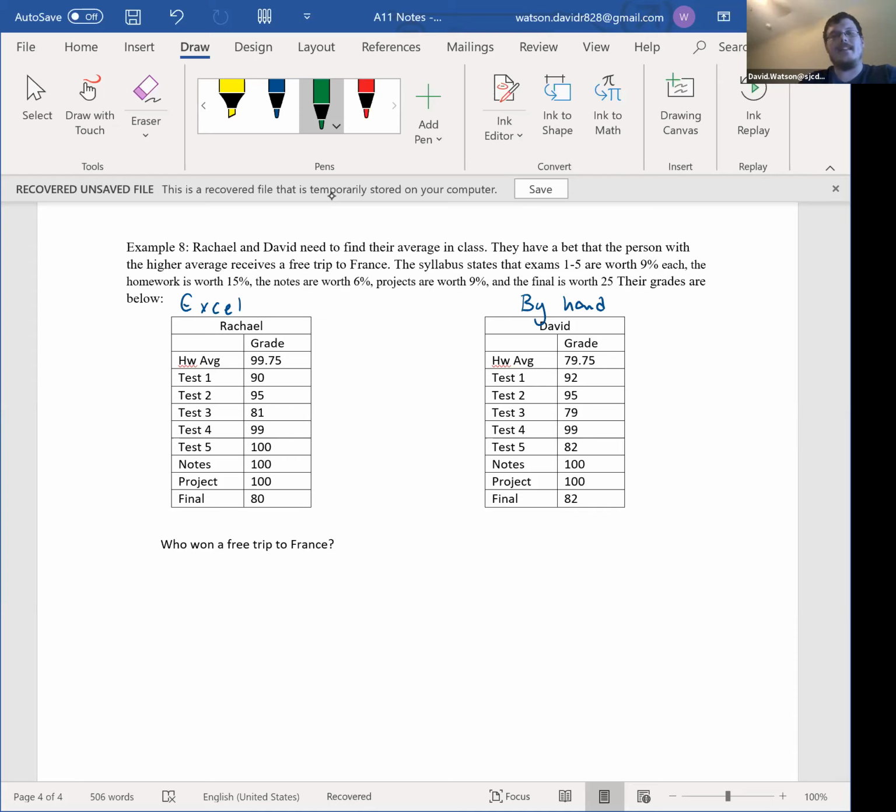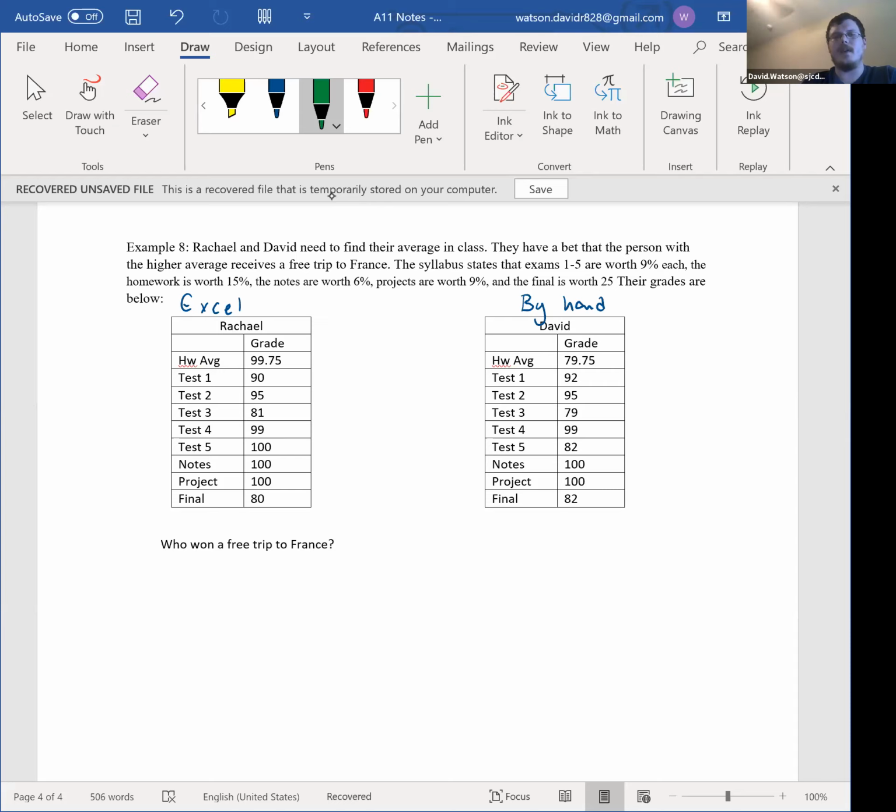They have a bet that the person with the higher average receives a free trip to France. The syllabus states that exams 1 through 5 are worth 9% each. The homework is worth 15%. The notes are worth 6%. Projects are worth 9%. And the final is worth 25%.